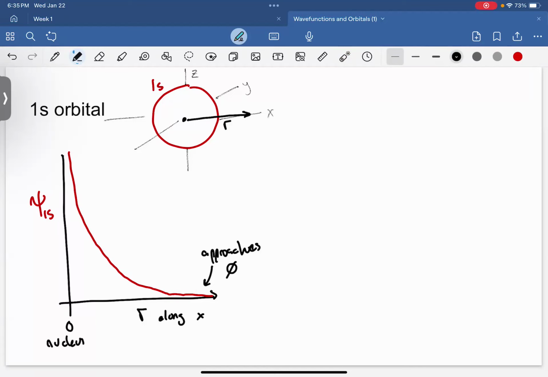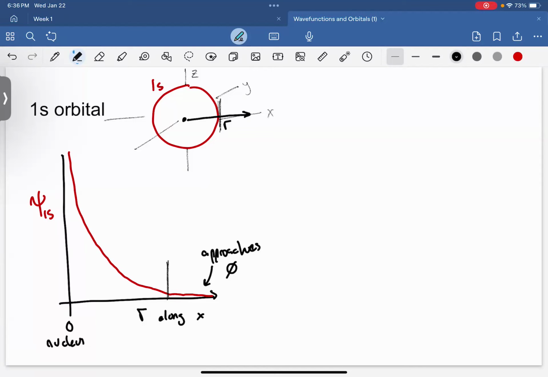So we sort of get around that by saying, well, once the psi1s function gets below a certain level, I'll just say this is the point I'm cutting it off, then I pretend that's my horizon. So everything after that point, I'm just going to pretend is outside, even though there's actually some very small amount of wave function there.